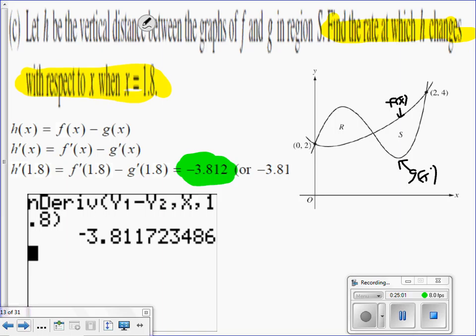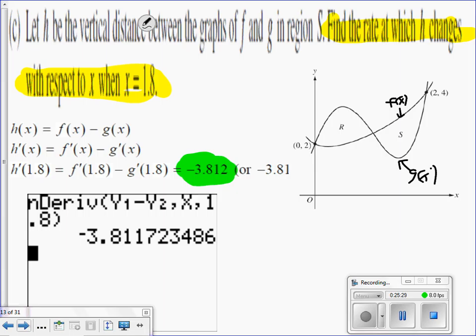How would you get it then? What does h of x equal? f of x minus g of x. Okay, so h of x is f of x minus g of x. And they ask us for the rate at which h changes. The rate at which something changes is its derivative. So h of x is just f of x minus g of x.